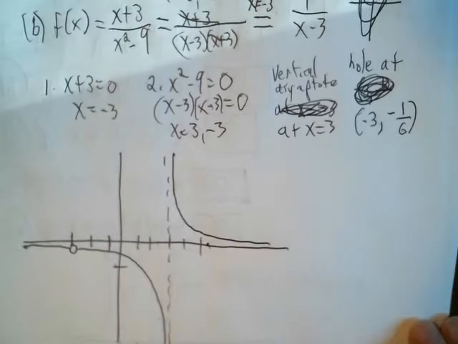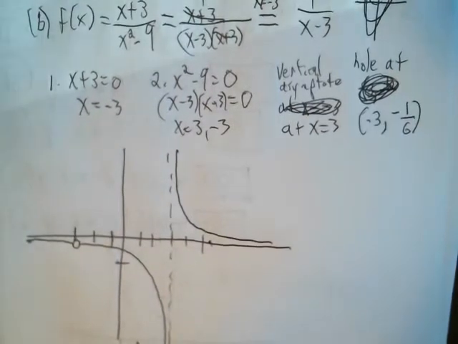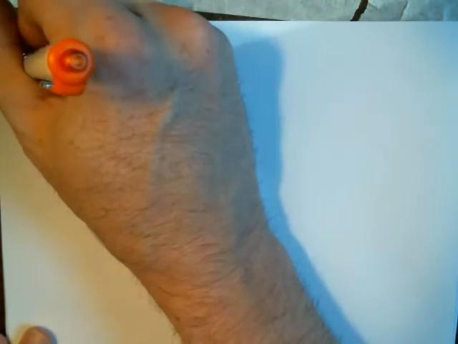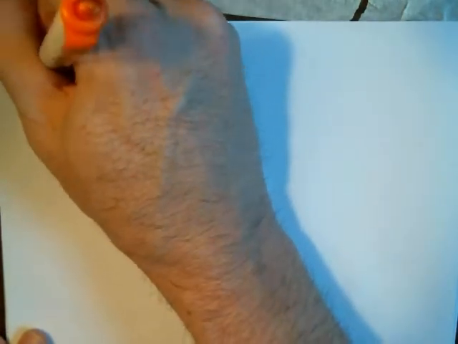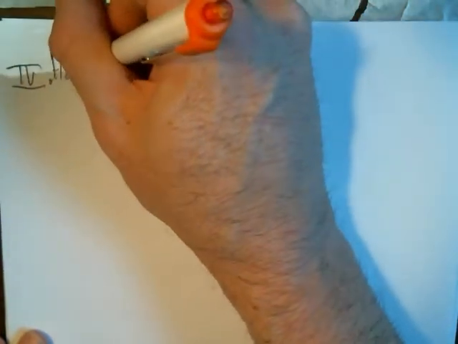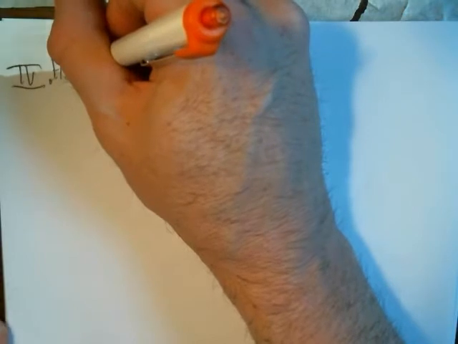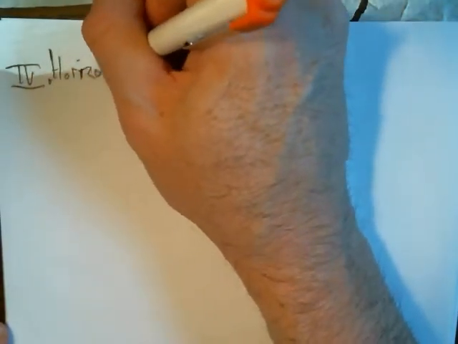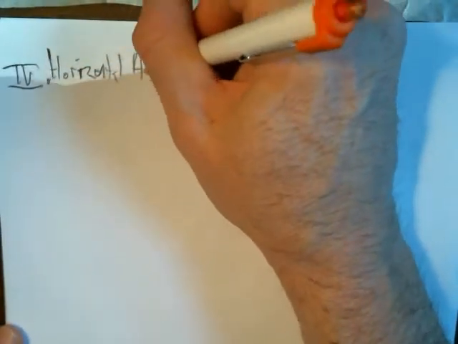Not finished. There's a lot to do in this section. In addition to vertical asymptotes, there are horizontal asymptotes. A lot of people think horizontal asymptotes aren't the same as vertical asymptotes because you can't really cross a vertical asymptote.